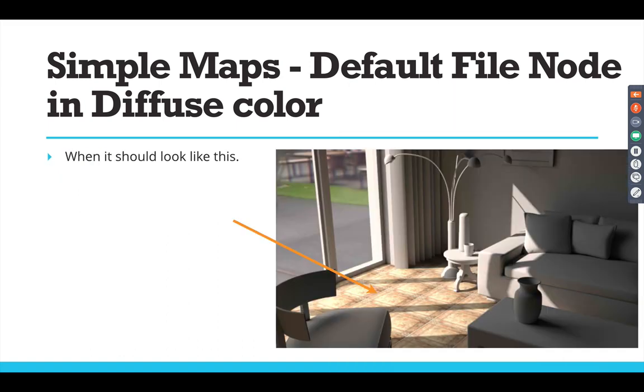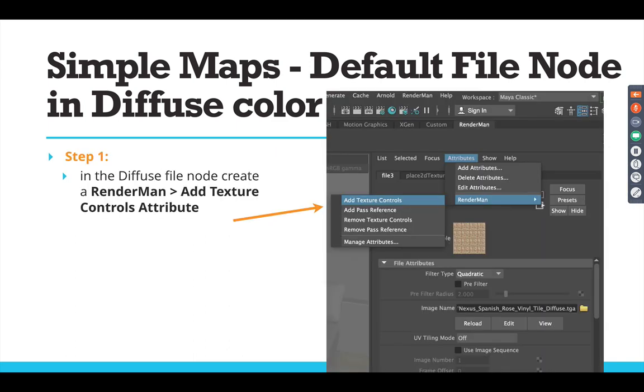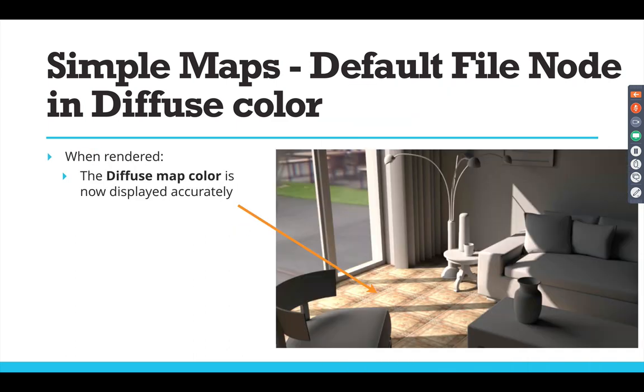Like I said, this is what you're going to get initially. Then that's what you're going to get after you've added the RenderMan texture control. Interior, exterior, day or night, it doesn't matter.